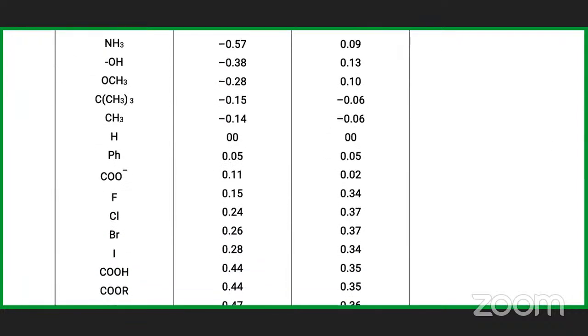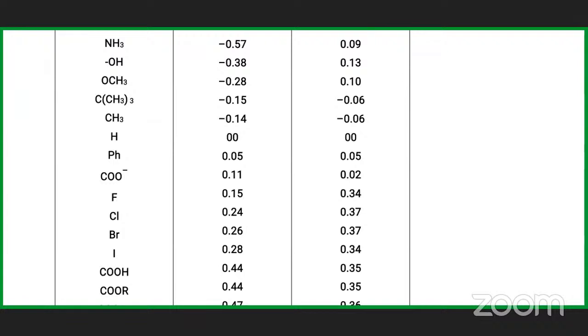For fluorine, you can see 0.15 at the para position. Because the para position is sterically less crowded, you can see the changes in the values at the para and meta positions.